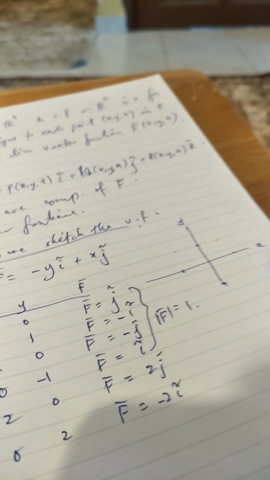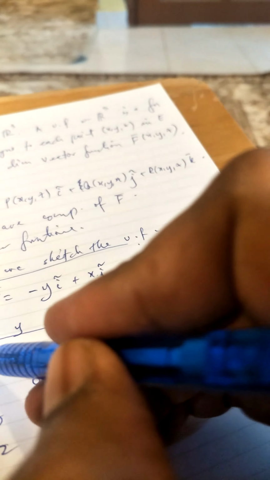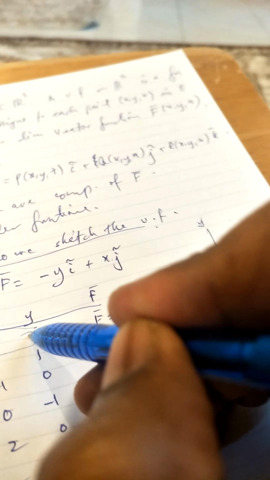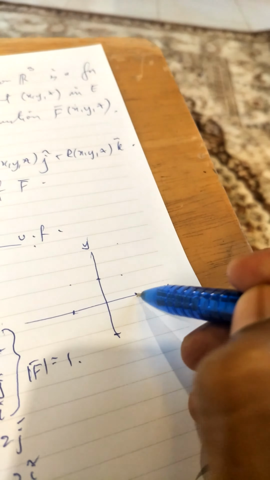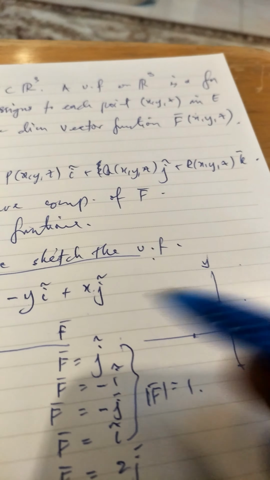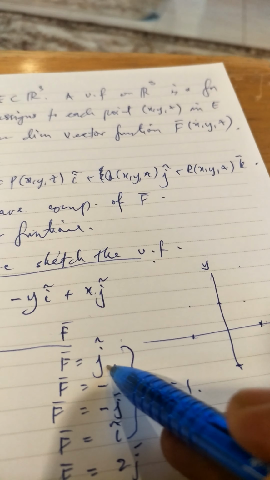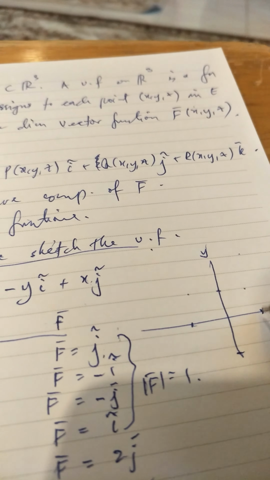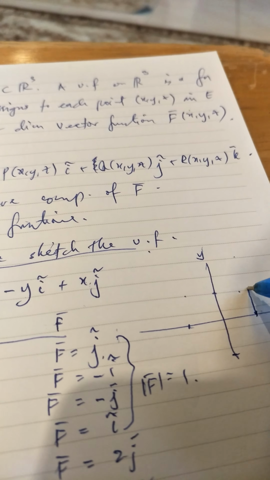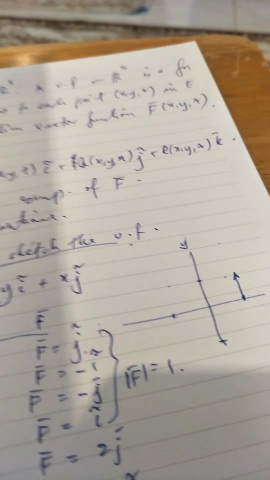So how do we plot? Pick the point (1, 0) here. Look at the vector F. F is j, magnitude 1. j means it goes up 1 unit. Done.